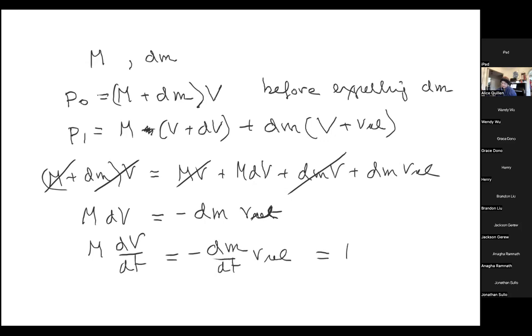And that's equal to the thrust. So this is the same as we got before, where thrust is equal to the relative velocity times the outflow rate. And this is just the force on the rocket. So conservation of momentum gives you this. You just have to be careful about this. So that's why that equation arises. Don't just blindly differentiate momentum, because you have to be careful when you do that if you're going to let the mass change.